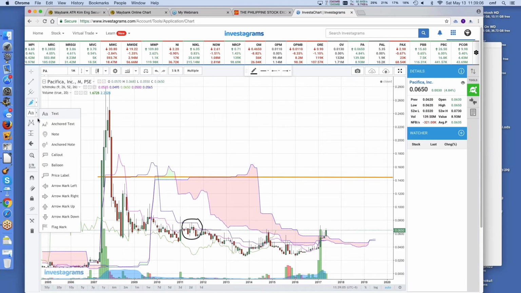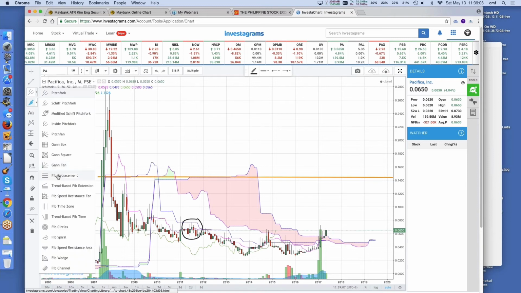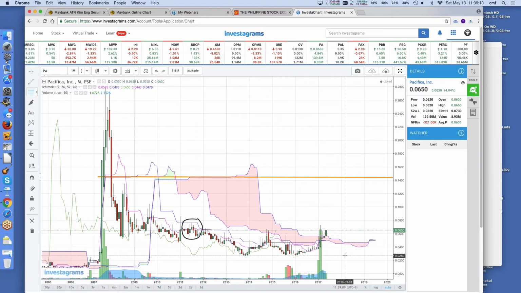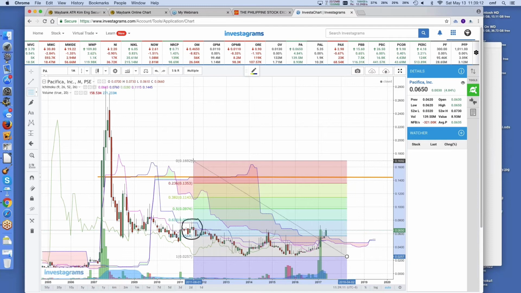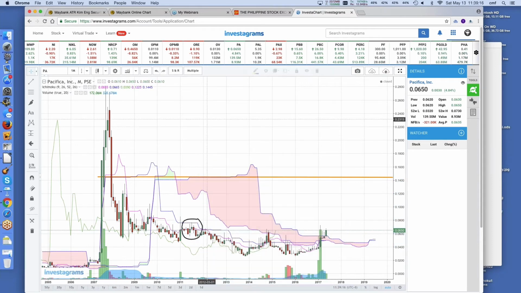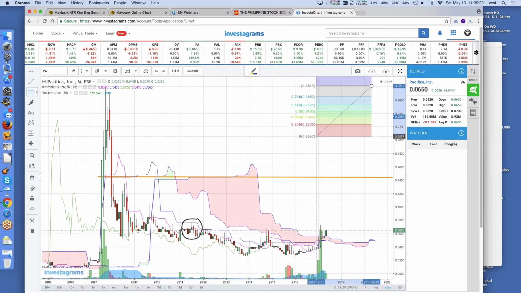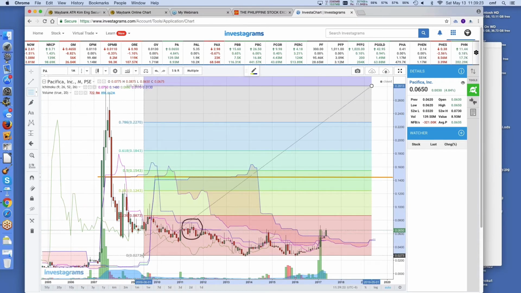I'd say this is magic because let's do the Fibonacci retracements. We measure from the bottom. Oh, mistake. I'll do that again. Since I want the reverse Fibonacci, this is reverse Fibonacci, so we start from the top to the bottom of the last run.